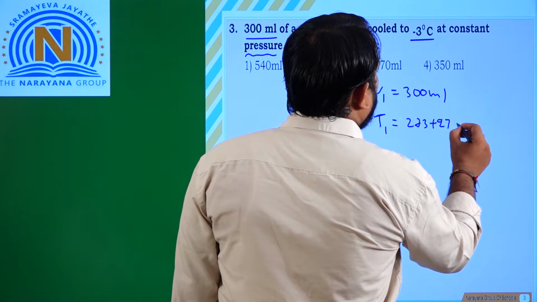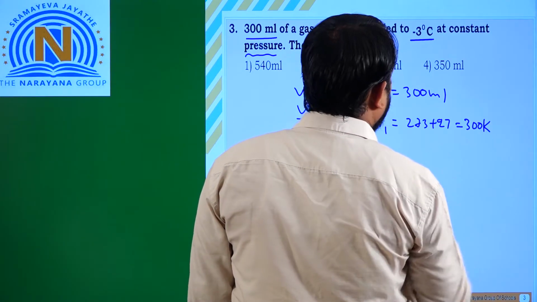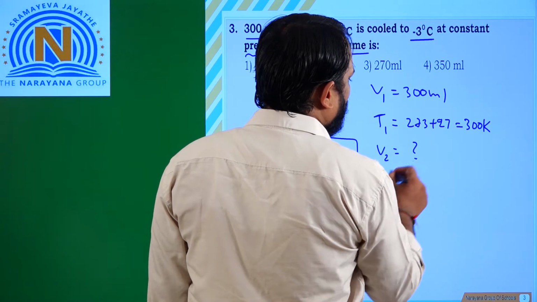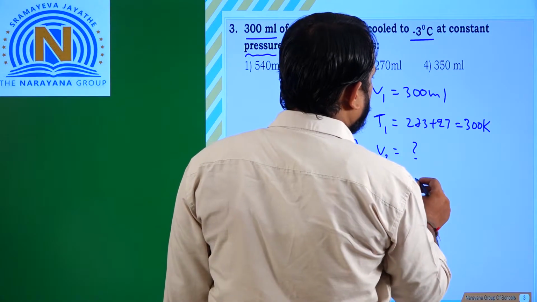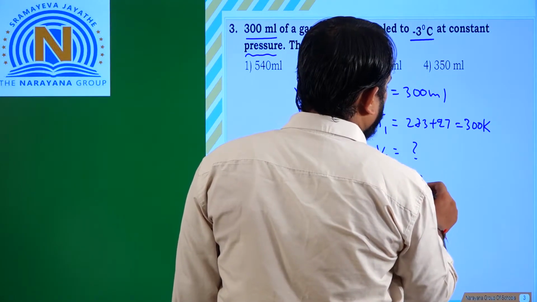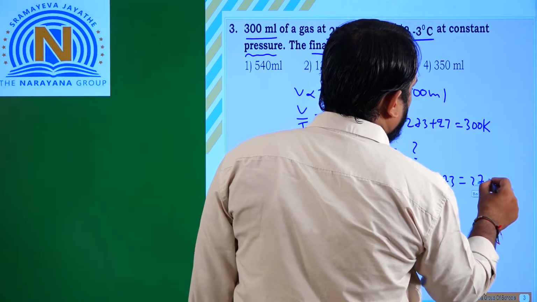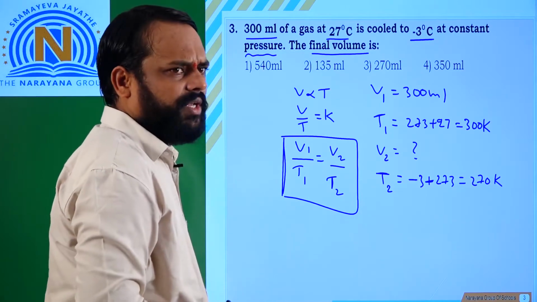So what is the value? 300 Kelvin. And next V2 we have to find. And what is T2? T2 is minus 3 degrees Celsius. So minus 3 plus 273. So here, 273 Kelvin. So I am applying the values here.